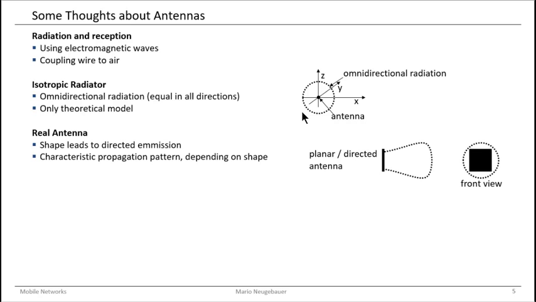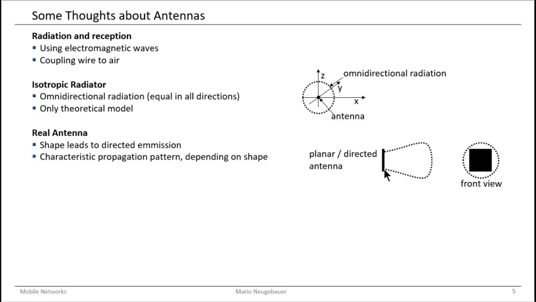If we look into real antennas, then we see that there are mainly other shapes than this isotropic radiator. For example, this square-shaped antenna, which you can see here on the right side, which in the side view looks like this plane here.